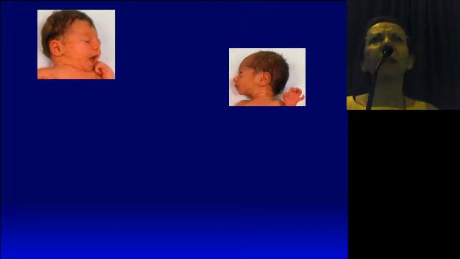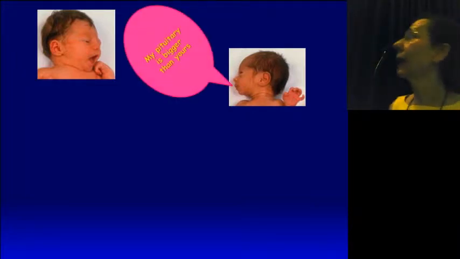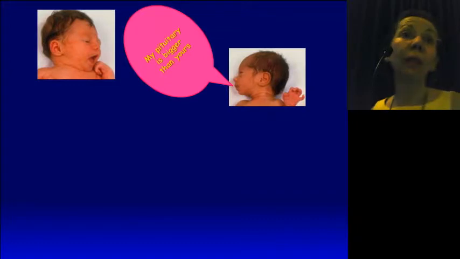Is there any difference? Yesterday I was talking about full terms and preemies. And is there any difference between preemies and full-term babies in terms of brain? Yes, you've seen that hypoxia ischemia is completely different in premature babies compared to full-term babies. In terms of pituitary gland, is there any difference? The answer is here, and this baby says, my pituitary gland is bigger than yours.